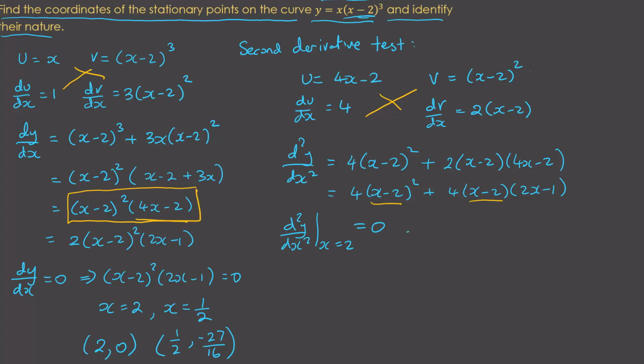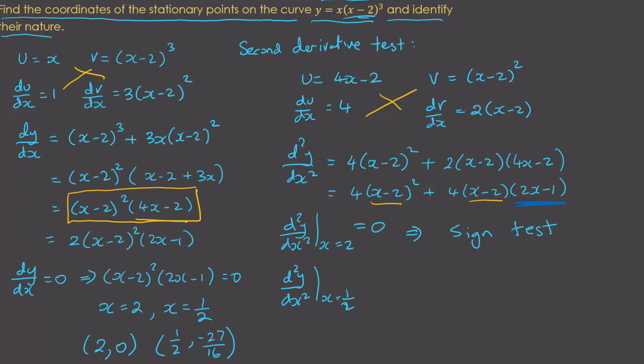We are going to have to use a sign test, either a first derivative sign test or a second derivative sign test. Now I'm going to do both. If we do d2y/dx squared when x is a half, the presence of this term just here would make the second term 0.